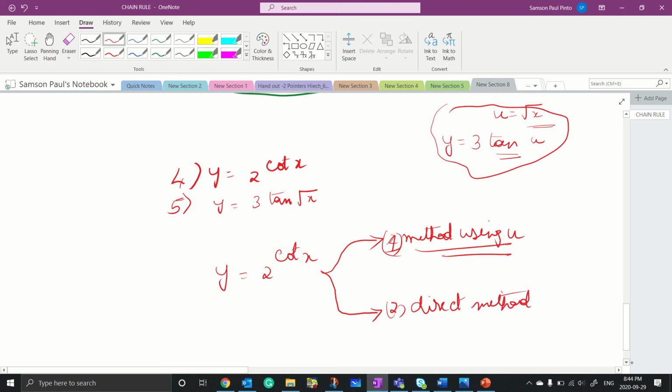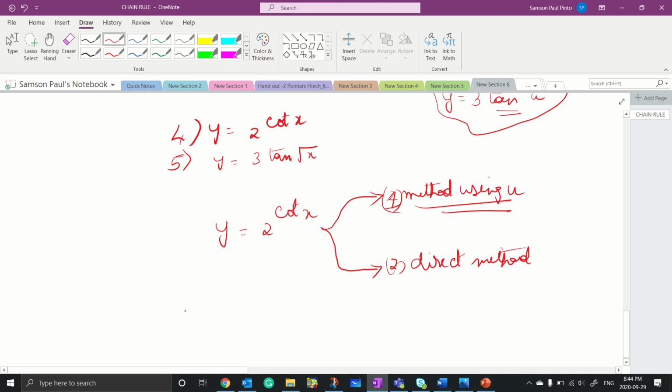Now how do I solve this problem? It's pretty simple. Before that, we will use the first method and express t as cot x.